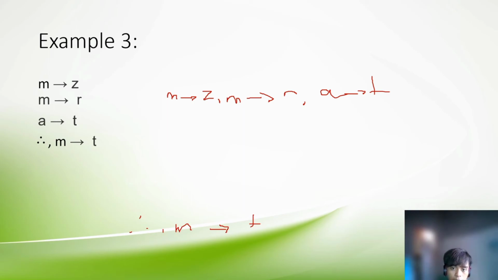We'll use the green one. M links to Z, and M links to R. So, dito na lang tayo maglalagay ng R. M links to R, di naman pwede dito.